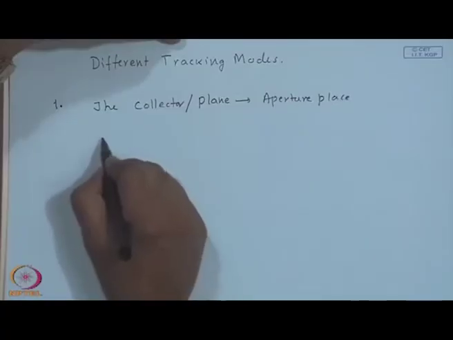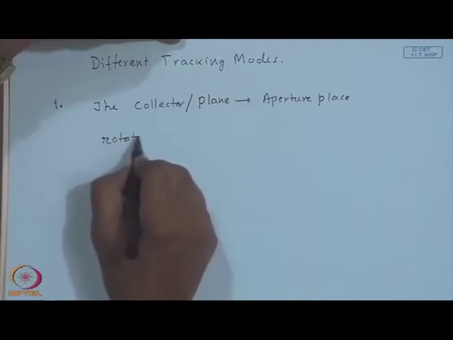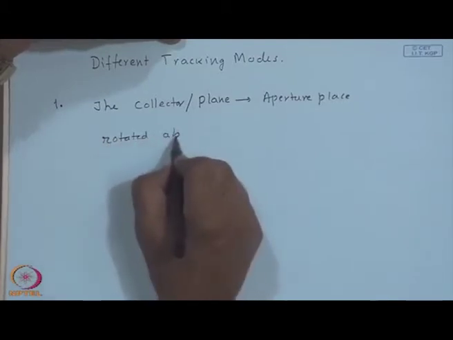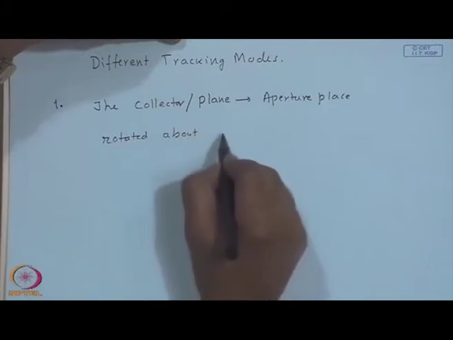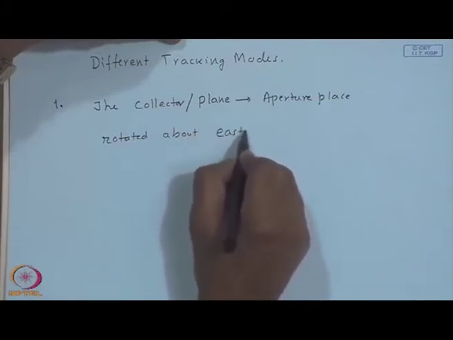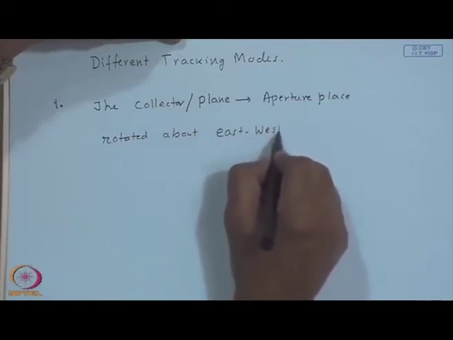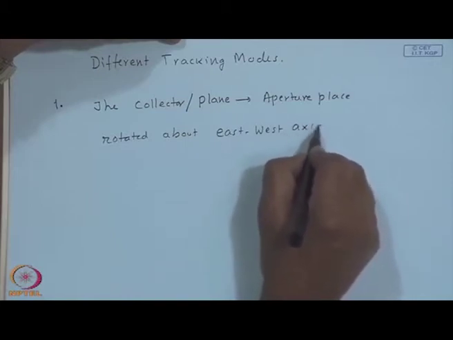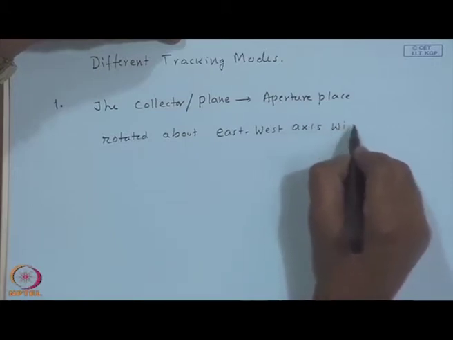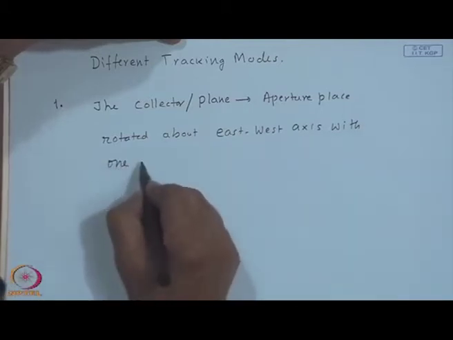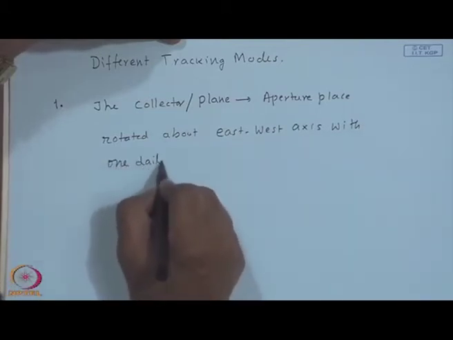So, the collector or the aperture plane is rotated about an east west axis with one daily adjustment.